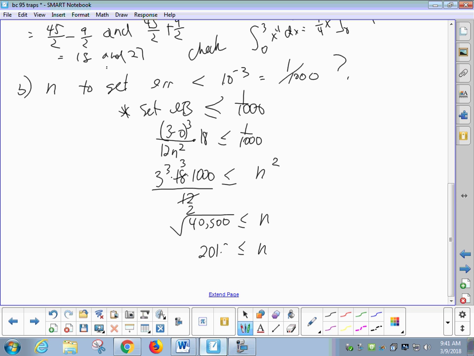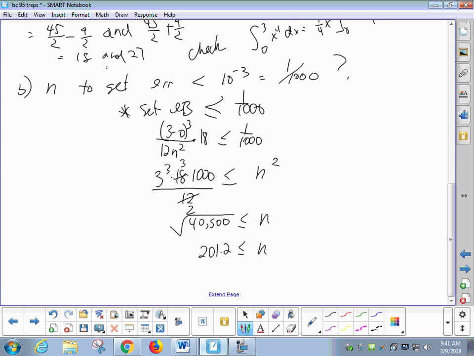201.2. Now, the question you're trying to answer is how many trapezoids do I need? Obviously, you would say, well, you need 201.2 trapezoids. You don't use 0.2 of a trapezoid. How many trapezoids do you need? 202. Doesn't this round to 201? But would that get error less than 1/1,000?